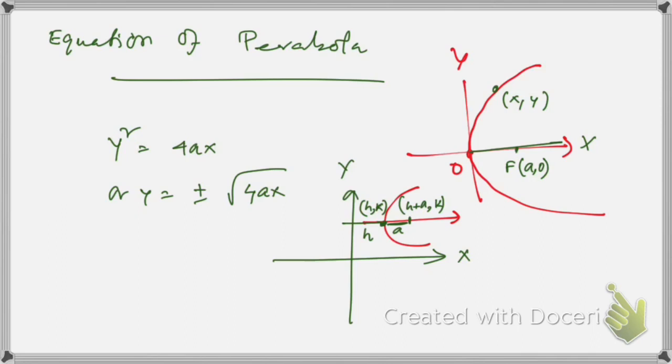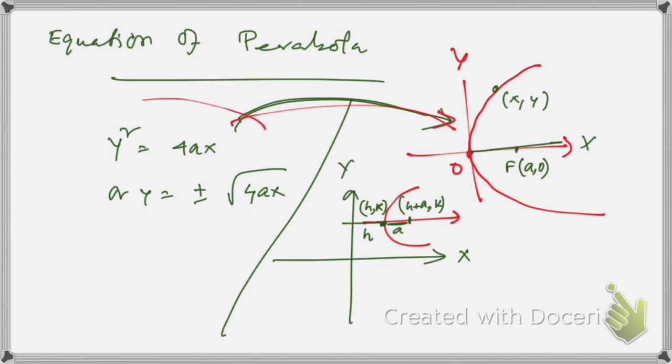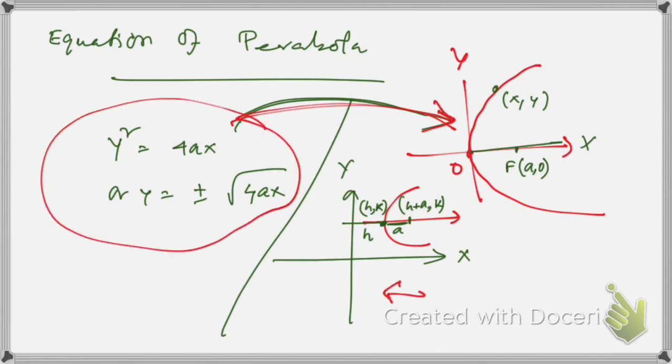Now in this case, the equation will be y minus k whole square is equal to 4a times x minus h. This is going to be the equation of the parabola, right?